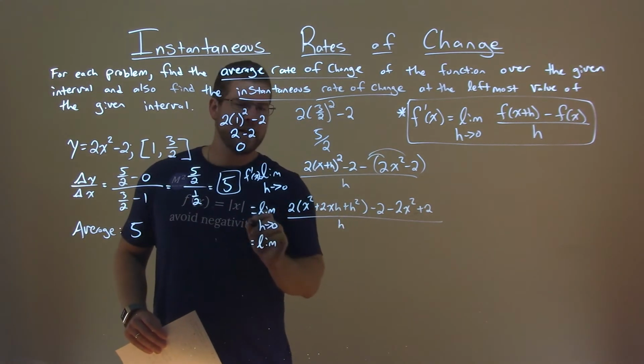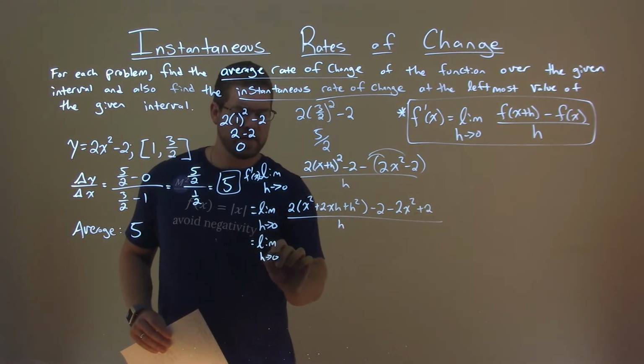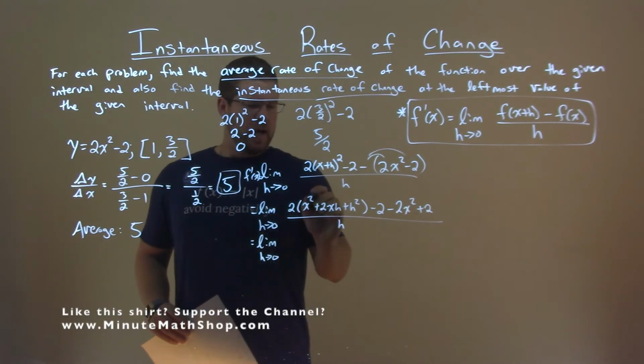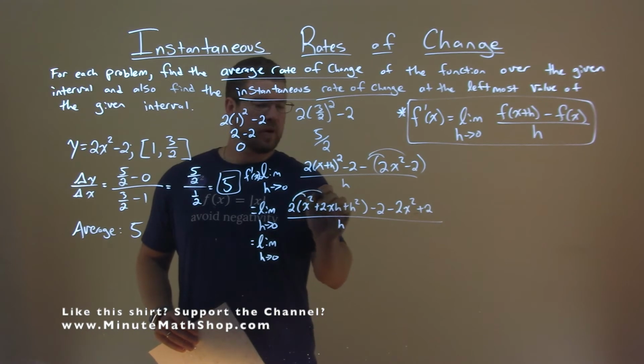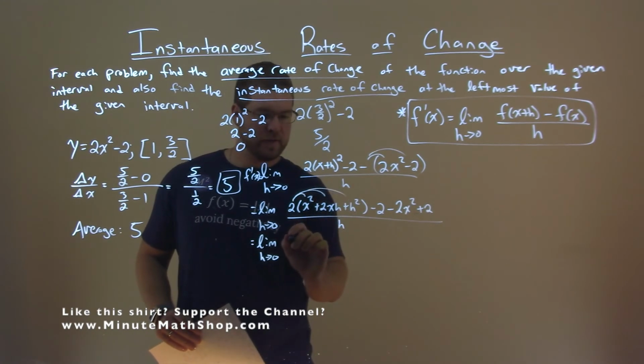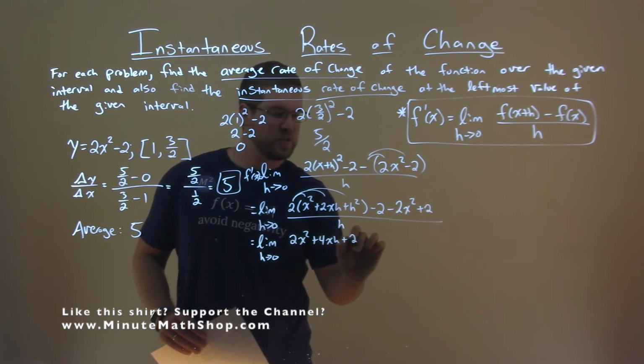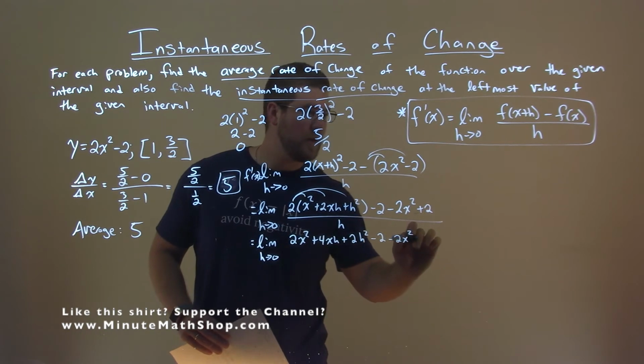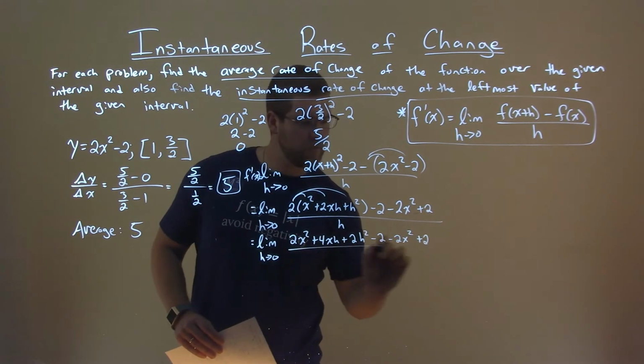It's a lot of writing of limits here, but don't worry, eventually in calculus you won't have to write that out every time. You'll learn something new. Well, we have 2 times x squared, we distribute this out, so we have 2x squared plus 4xh plus 2h squared minus 2 minus 2x squared plus 2, all over h.